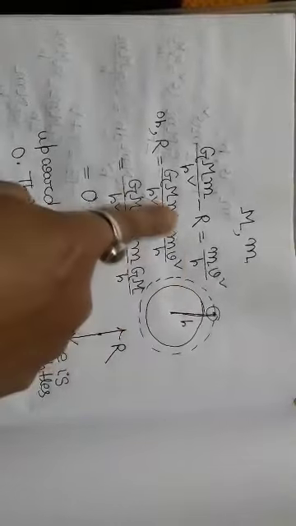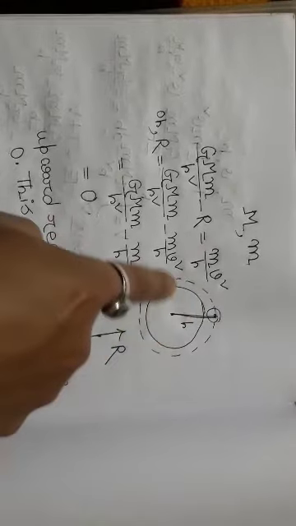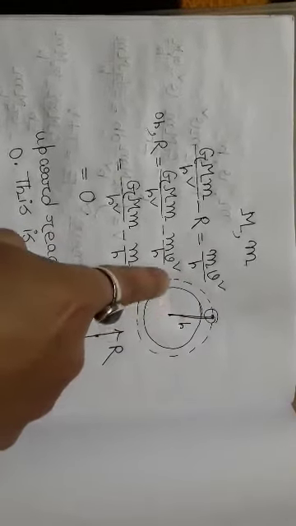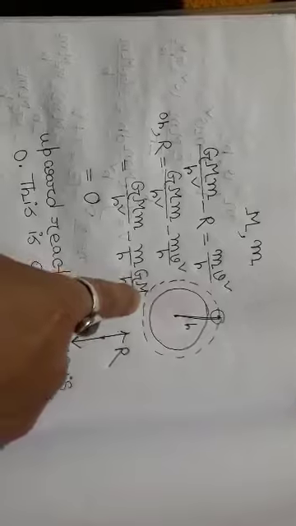So the equation of motion is this, and we already know that the orbital velocity of an artificial satellite is given by v square equals GM by r. So substitute GM by r instead of v square, and simplifying we get R equals 0. So that's why any person inside a satellite is in weightlessness condition. This is an important question, so remember this.